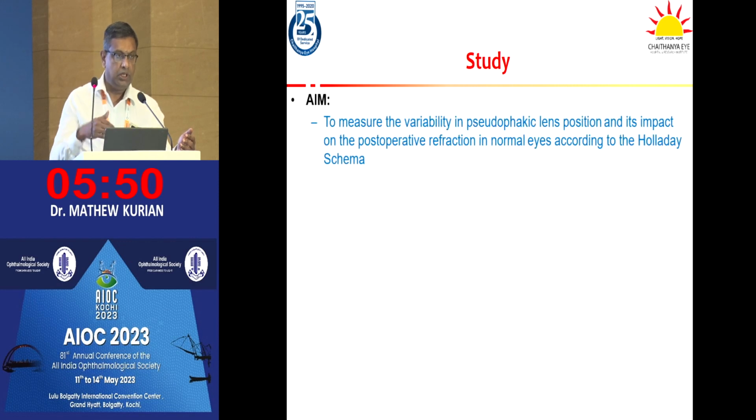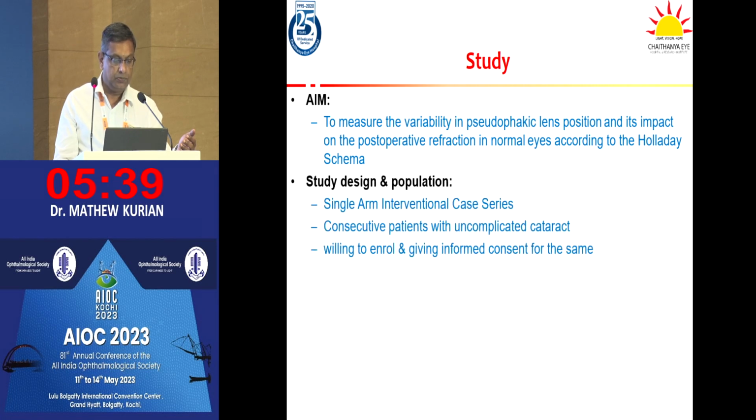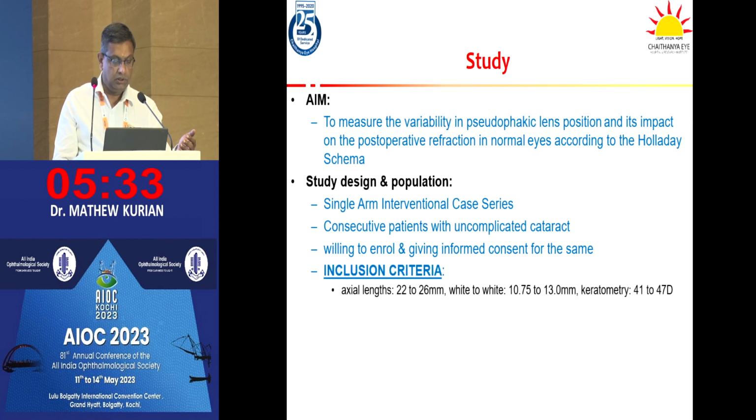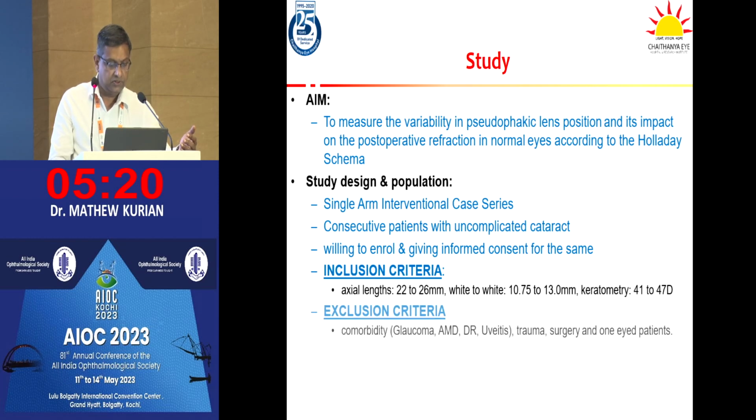So we have a quarterly audit in our hospital to measure the variability in pseudophakic lens position and its impact on the outcomes. This is the first one we did, as a clinical audit. The inclusion criteria was only the central group on the Holladay formula, which is normal eyes, axial length 22 to 26 millimeters, white to white 10.75 to 13 millimeters, keratometry 41 to 47.